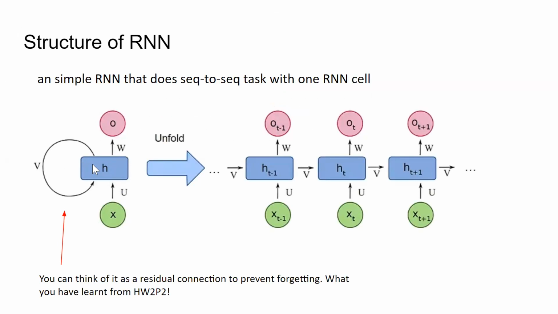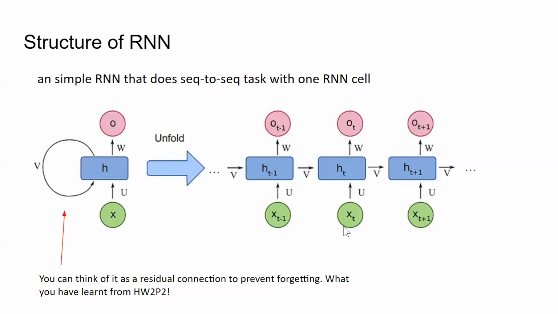An RNN cell is basically a recurrent neural network that takes in the previous H as well as the current input X, and you do some linear transformation and activation on the two inputs and get the current hidden state H. If you unroll this, you will see a structure like this.